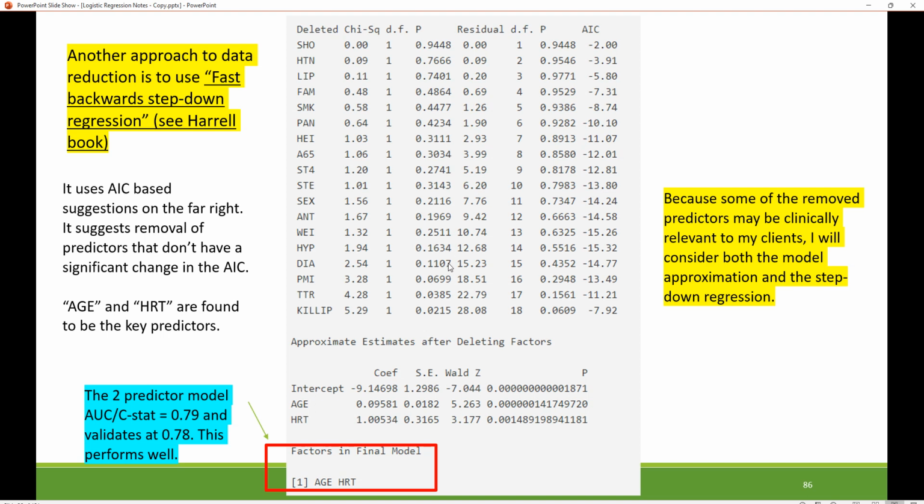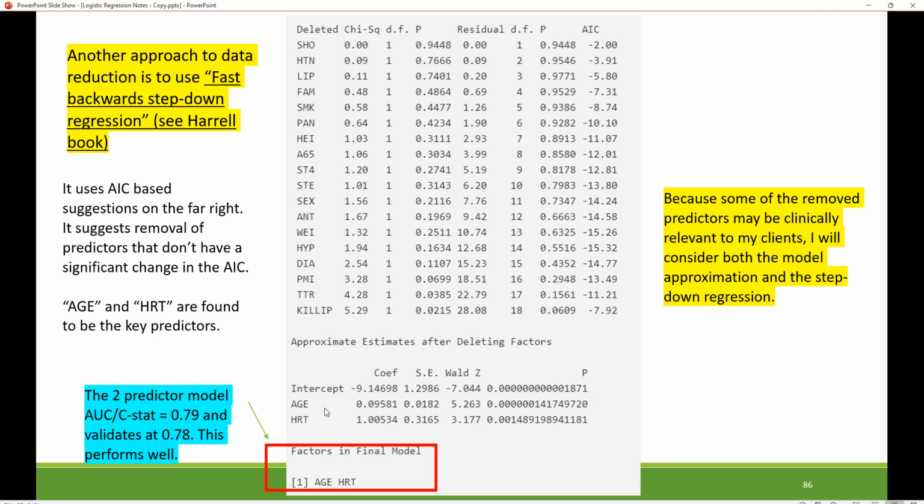On the top portion, those are the variables that we can delete, and we can see in that second column from the right that it doesn't substantially change the predictive power of that model. It leaves us with just 2 variables, and that's age and the heart rate.